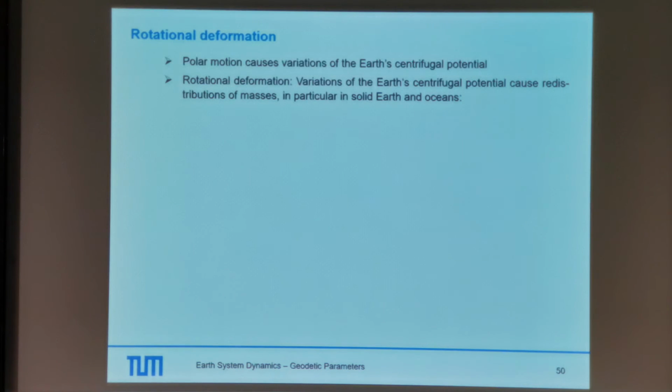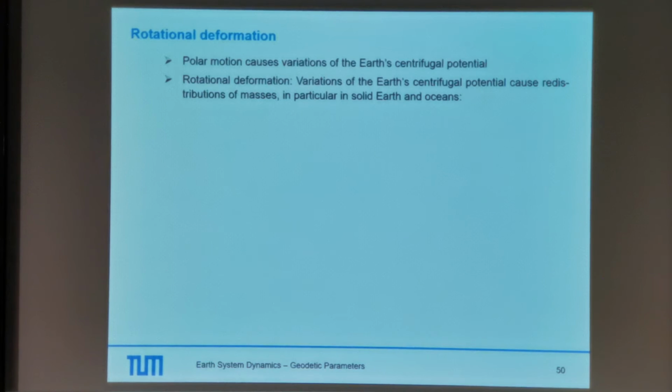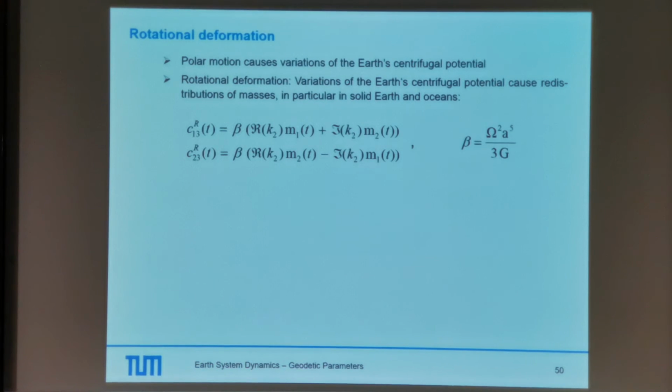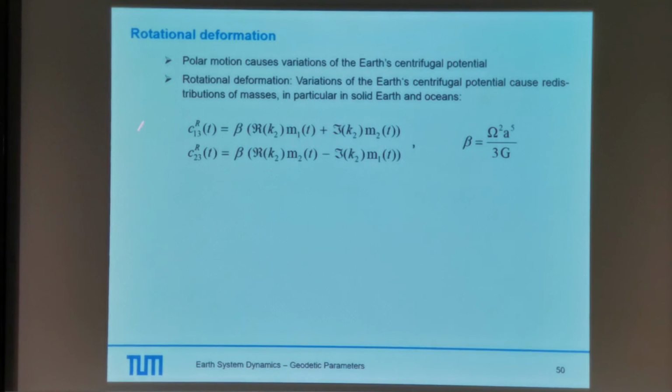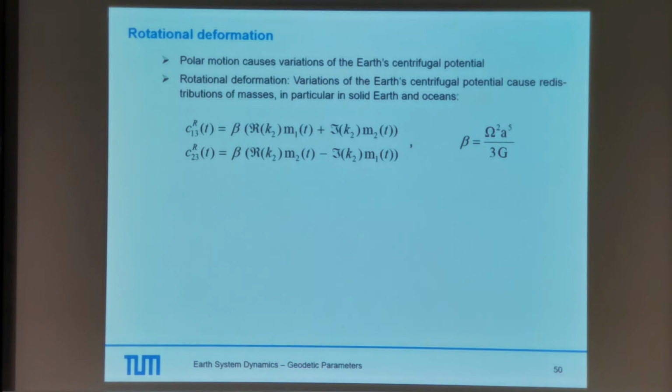Okay, if we look a little bit closer at the rotational deformation, polar motion causes variations in the Earth's centrifugal potential, and the centrifugal potential causes redistributions of masses, in particular of the solid Earth and oceans. We end up with such an equation. It looks a little bit strange. On the left-hand side, again, you have the tensor of inertia elements, these small c quantities, time variant.